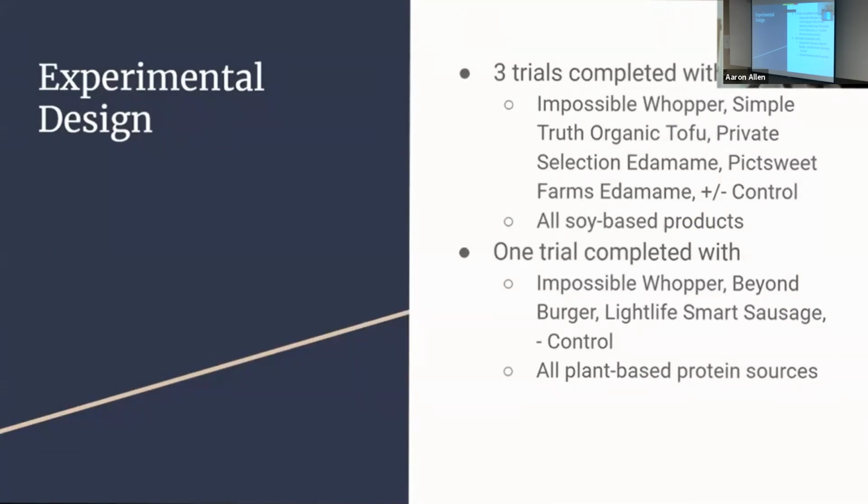We knew the positive and negative controls were both plants, but one of them had been genetically modified and the other was certified that it had not. After I completed those 3 trials, I completed 1 trial with the Impossible Whopper, Beyond Burger, the Lightlife Smart Sausage, and a negative control. These are all plant-based protein sources.